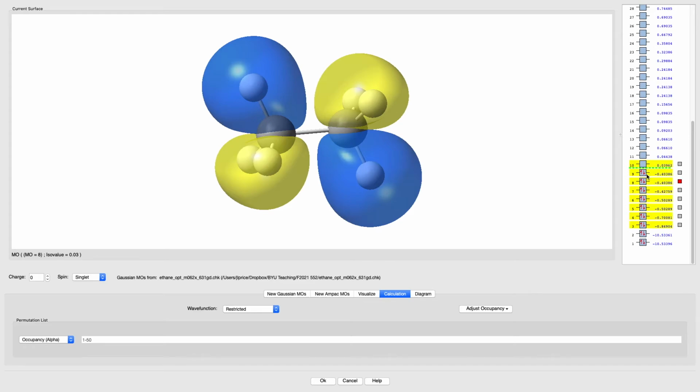Down here, electrons are more stable than they would be on the separated partners, and up here they're higher than they would be. Why is this still stabilizing? Well, though it's sort of anti-bonding in between the carbons, it's still quite CH bonding. You still have overlap of a carbon and a hydrogen within the same lobe. So even though this is an out-of-phase combination, it still counts as a bonding orbital.